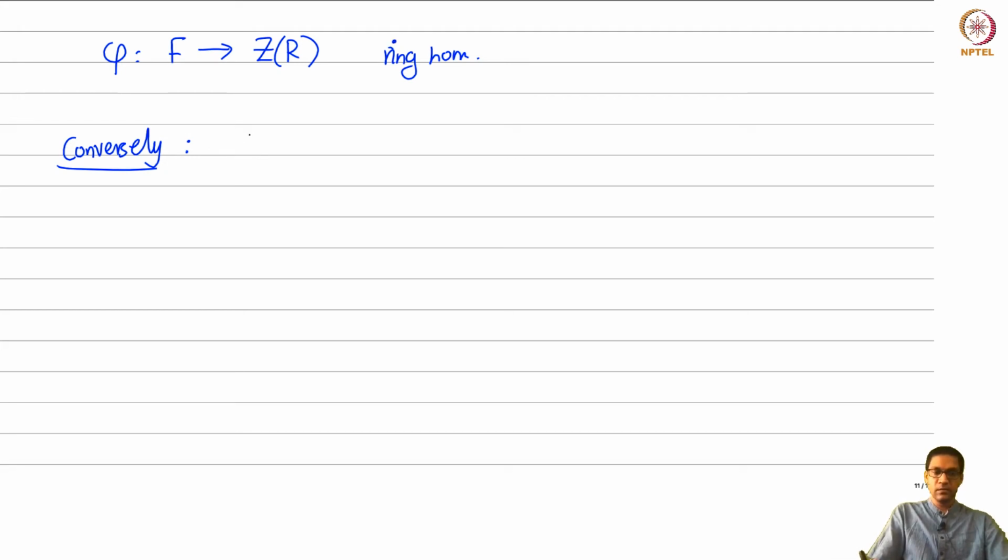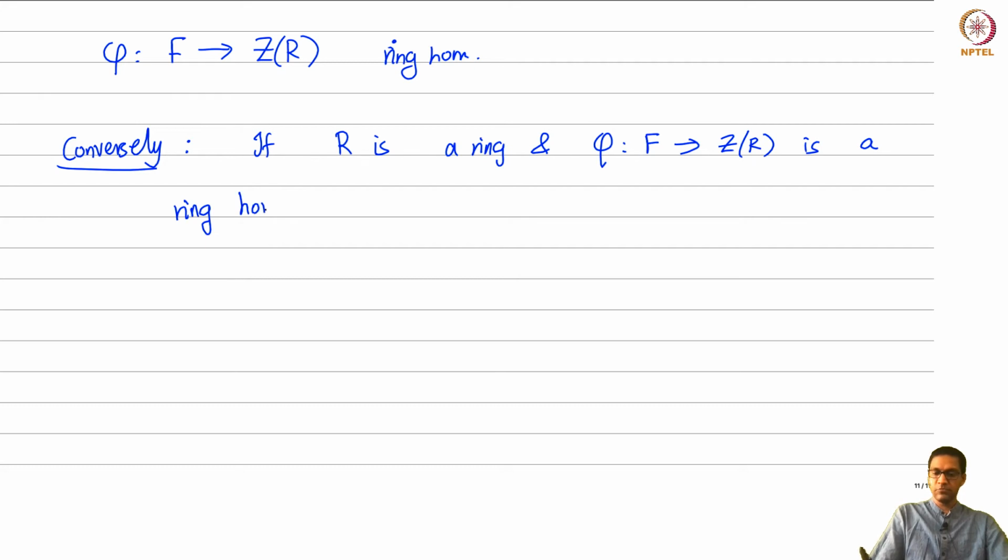Conversely, if R is a ring with such a ring homomorphism, then R is actually an F algebra.